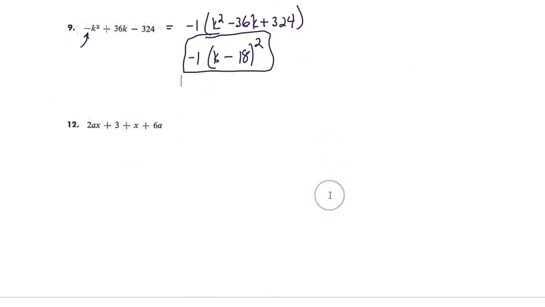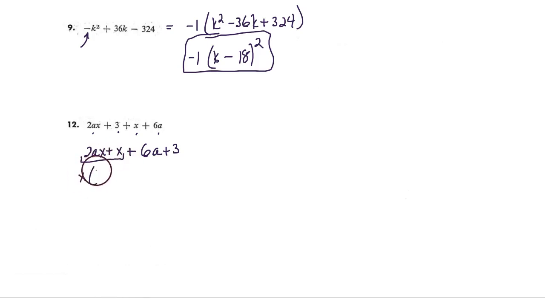Number 12, this one's different than the last ones because it has 4 terms. So the technique we learned when there were 4 terms was to try grouping. Let's rearrange it so that the terms go in this order. Then we can find a GCF in the first 2 terms. You see how there's an x in both of them?